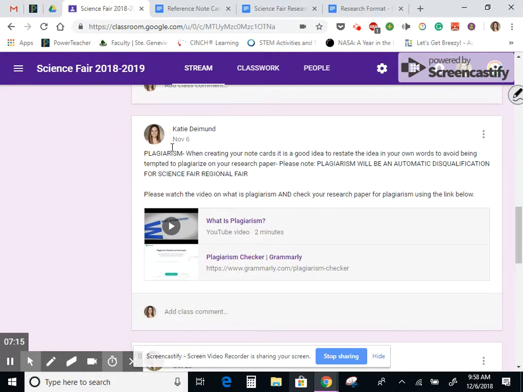to do is I want you to look at this plagiarism portion of the science fair Google Classroom, so that you are not breaking any rules, because you do need to note that any plagiarism will be an automatic disqualification for science fair in the regional fair.